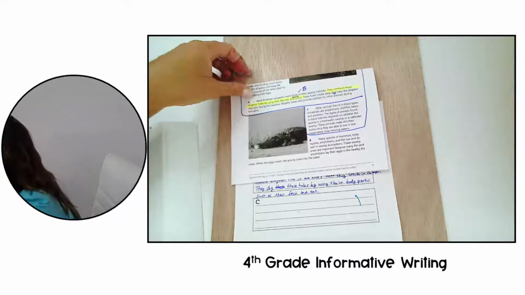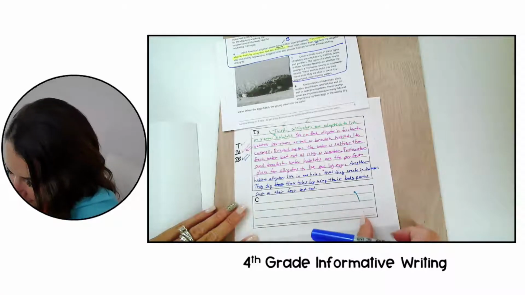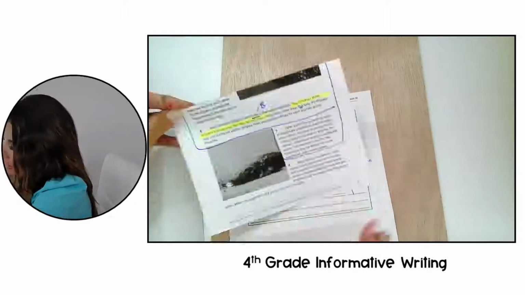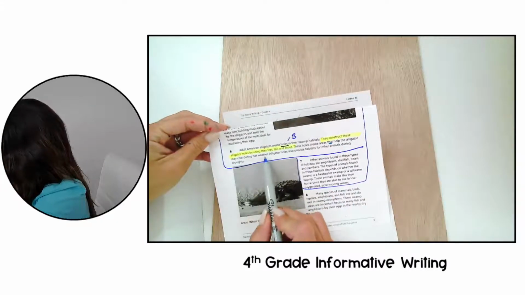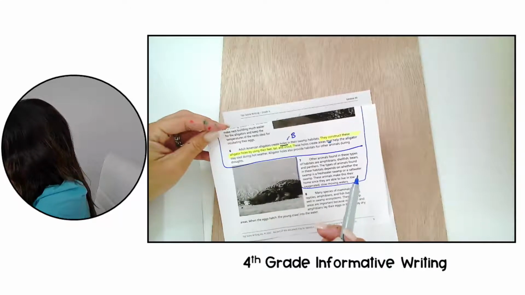All right, so now I have 2 sentences about B. I need one more sentence. What it says is, these holes help the alligator stay cool during the hot weather, and it provides habitats for other animals during droughts.